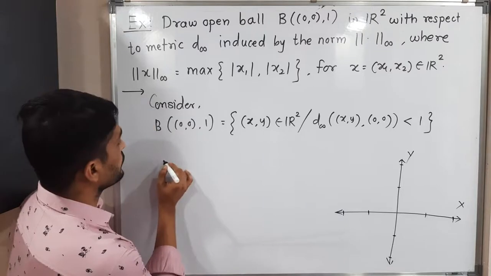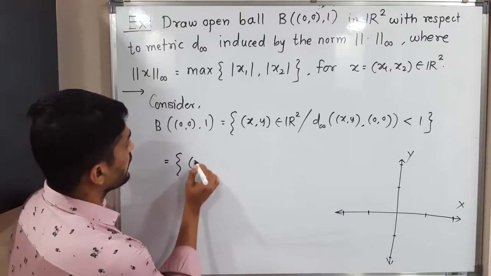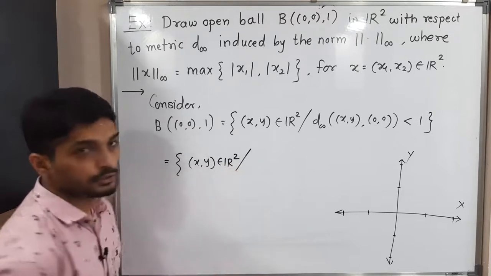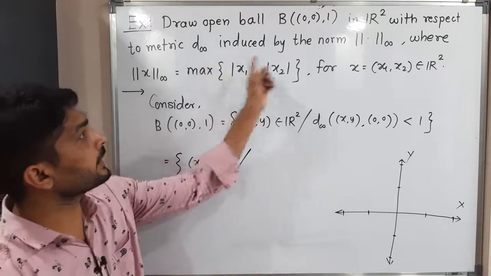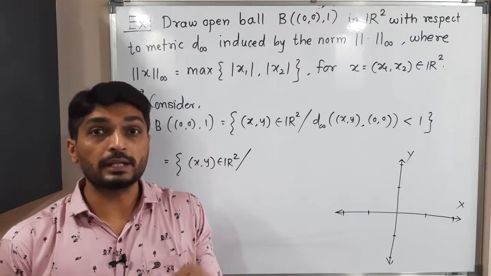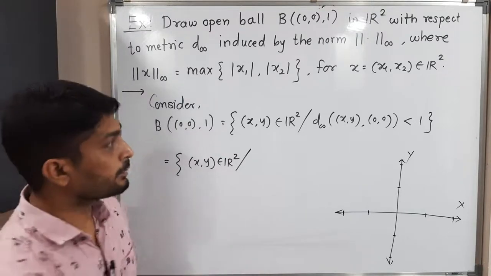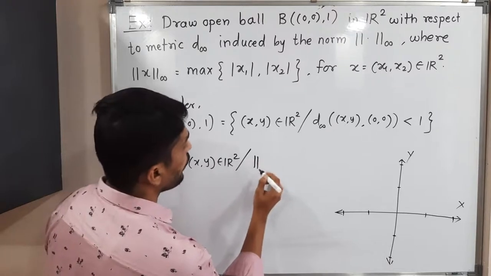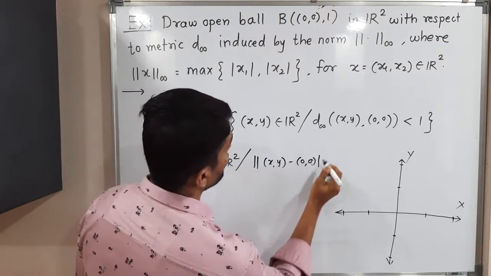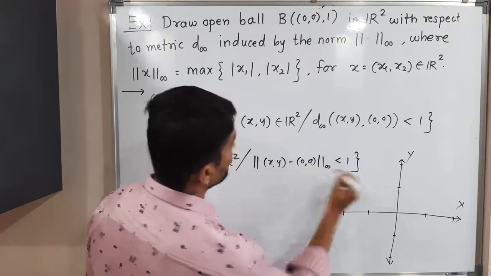So this is equal to the set of (x, y) belonging to R2 such that, since d infinity is a metric induced by norm infinity, the definition of d infinity depends on norm infinity. So the definition of d infinity will be norm of (x, y) minus (0, 0), infinity, less than 1.